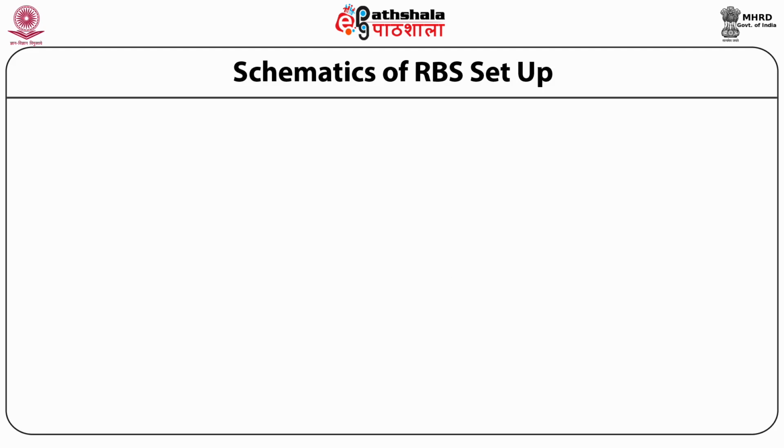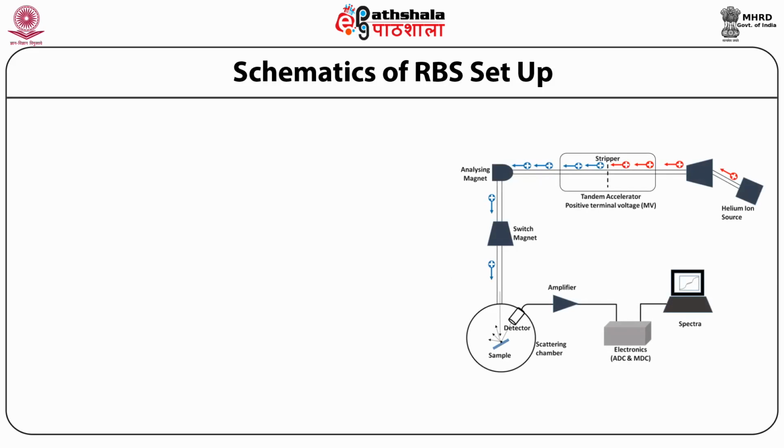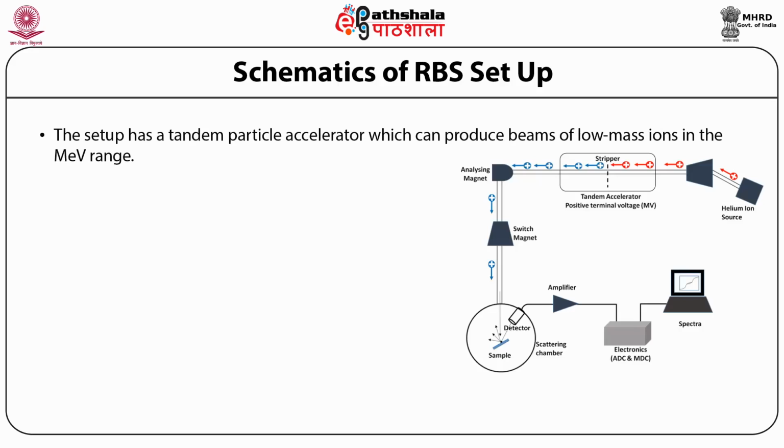Schematics of Rutherford backscattering experimental setup. A schematic diagram of the Rutherford backscattering setup is shown in the figure. The setup has a tandem particle accelerator which can produce beams of low mass ions in the megaelectron volt range.